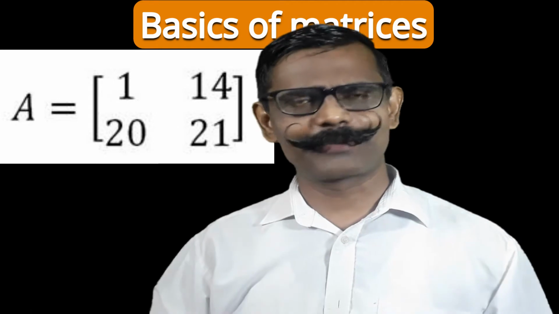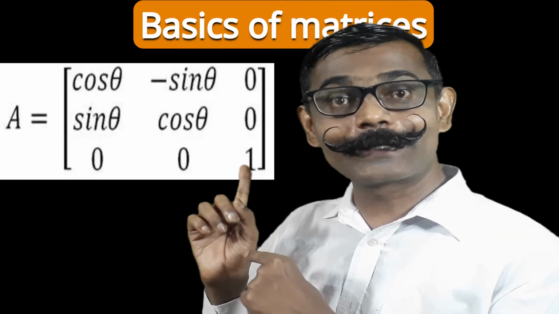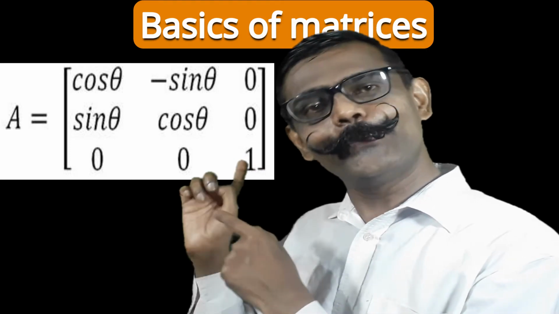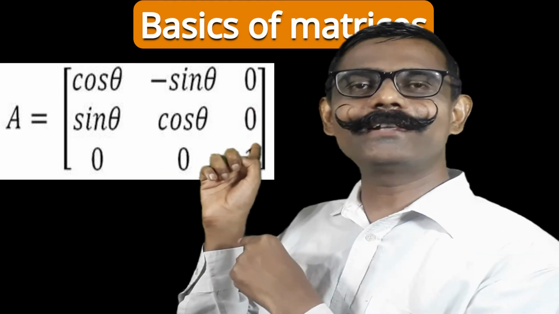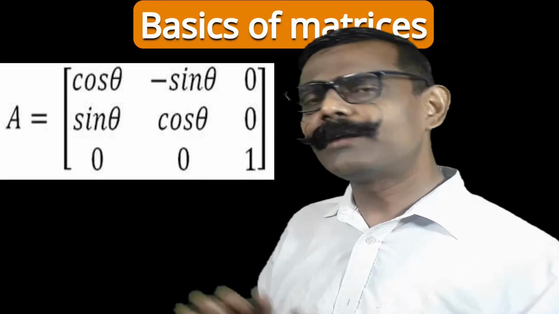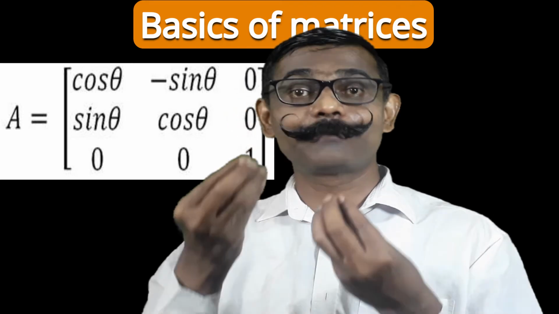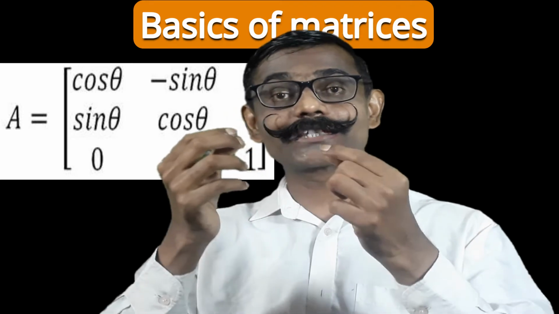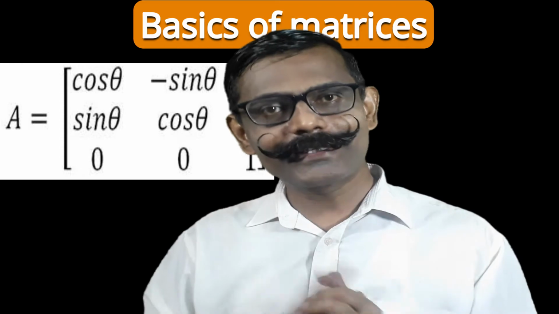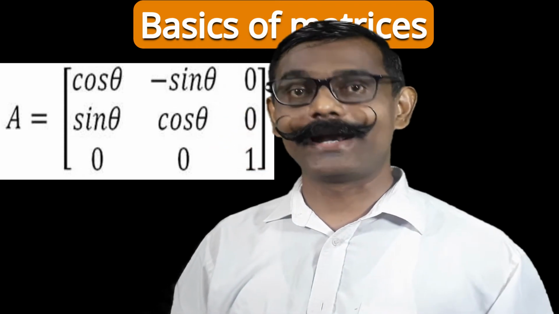Direct numbers are represented. See the third matrix. Oh, here trigonometric functions are there. But a trigonometric function will reveal the number by filling the value of theta, the value of angle. Sometimes x, y, z coordinates also can be used. For example, say a point has coordinates x, y, z. Then x, y, z remain numbers, no? So that also can be represented in terms of matrices.